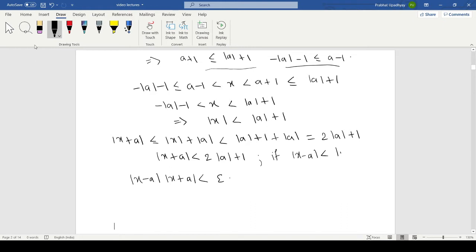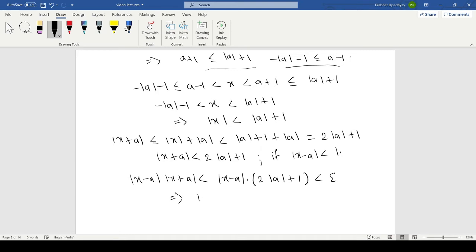But |x − a| multiplied with |x + a| is less than |x − a| times 2 times |a| plus 1. And if I make this term less than epsilon, automatically |x − a| times |x + a| will become less than epsilon.